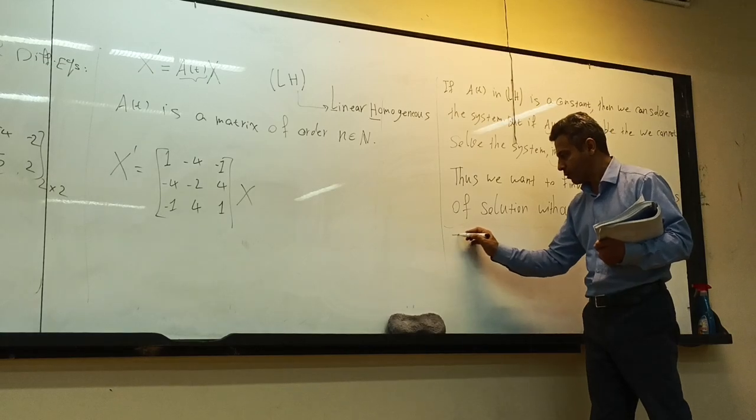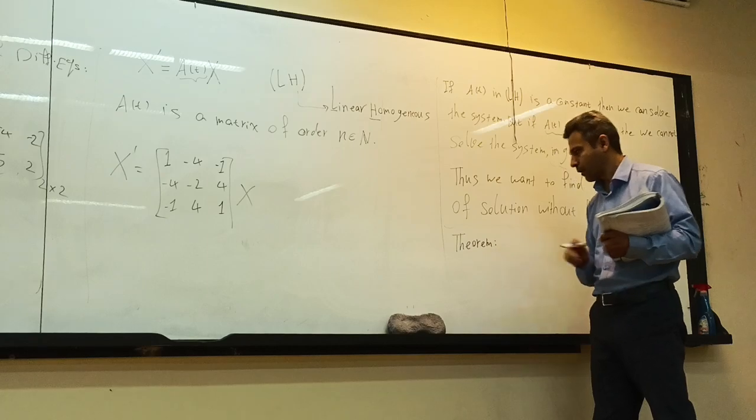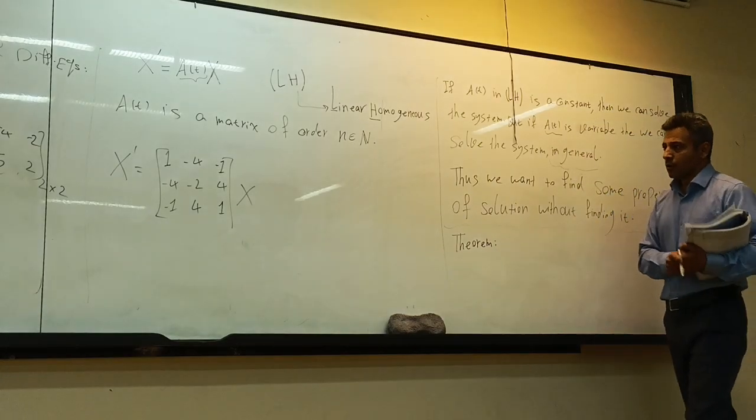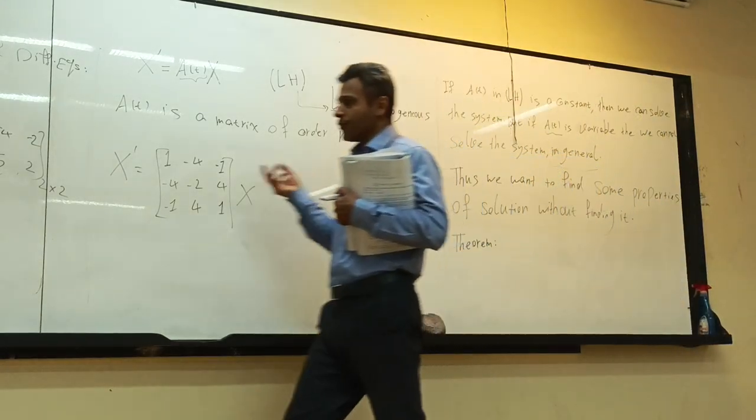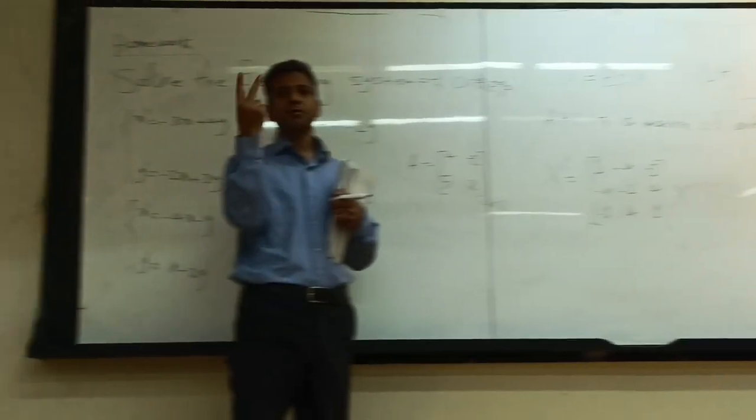A theorem. If A(t) is a matrix of order 2, we have two solutions.